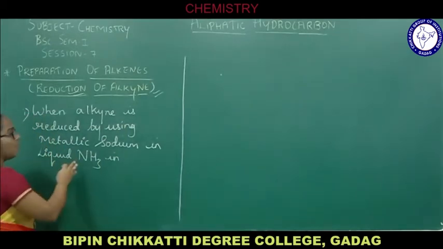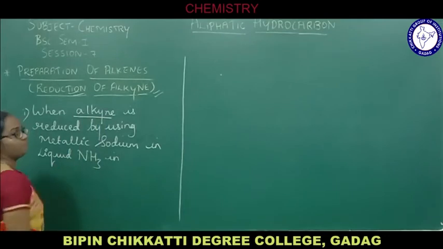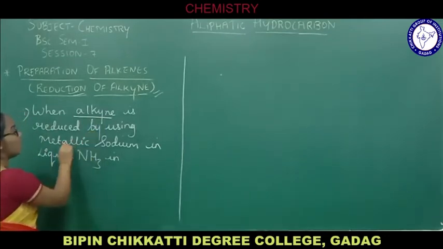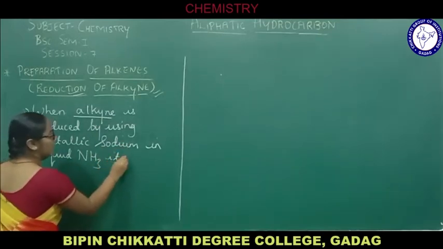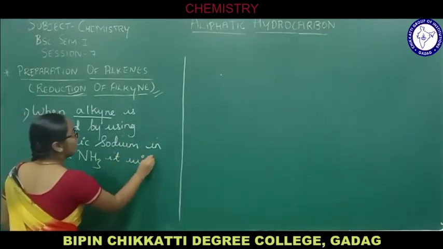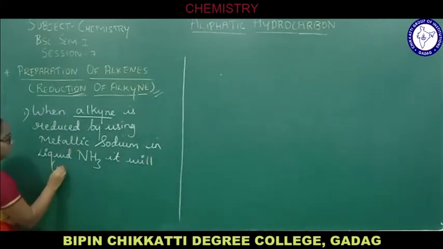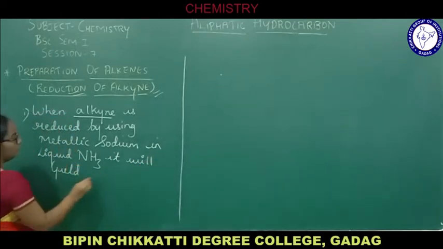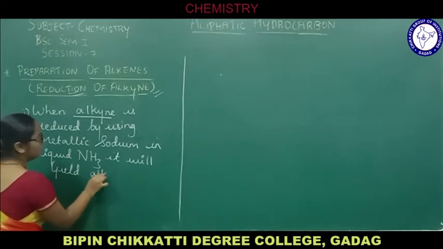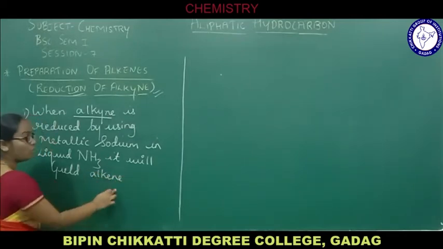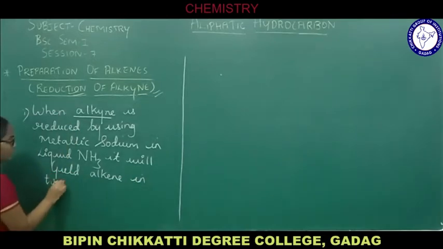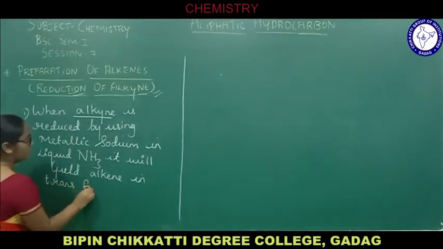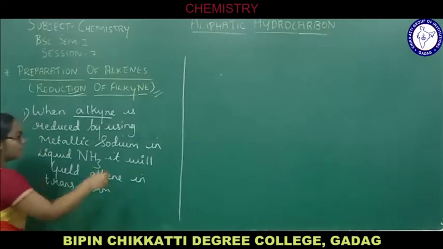So here what is happening is that when alkyne is reduced by using metallic sodium in liquid ammonia, it will yield alkene or olefin, but in trans form. So let's understand by taking the general example.